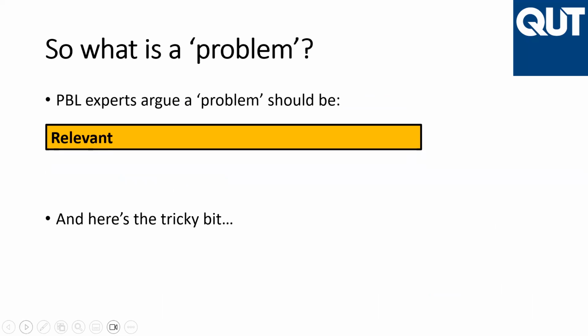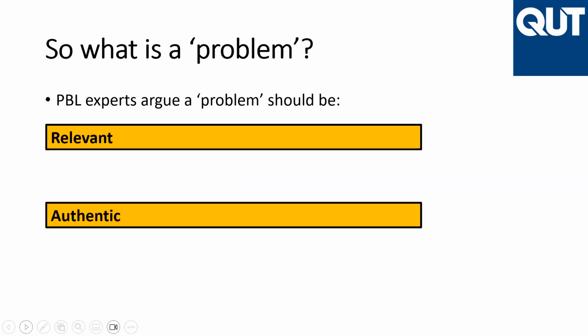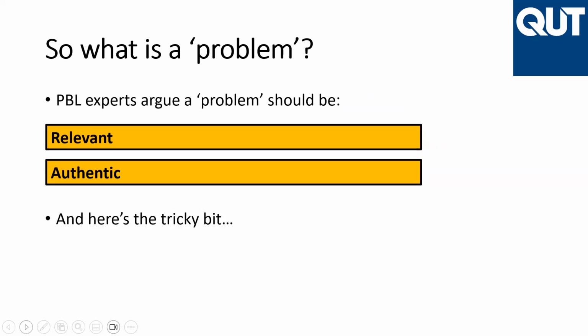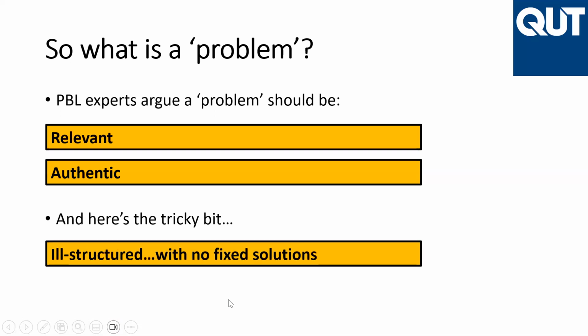So a well-designed problem in problem-based learning is a relevant problem, it's an authentic problem, and it's ideally ill-structured, which means it needs some analysis to work out what the problem is actually about.